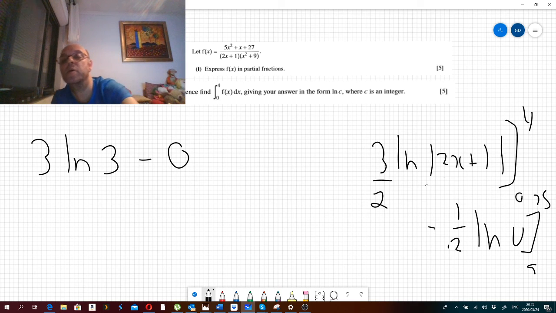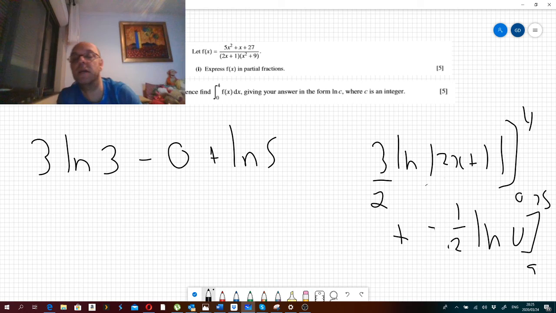Then for the second part, we've got this plus over here, and this is a half ln u from 9, so that's a half ln 25, which is the same as ln 5. Okay, because a half can go to the power and the square root of the 25 makes 5. And then a half ln 9, which is just minus ln 3.